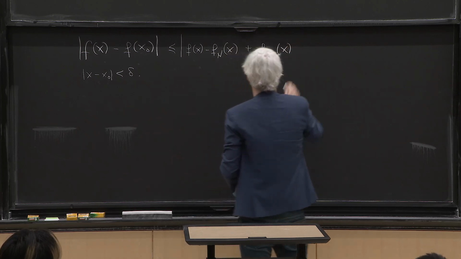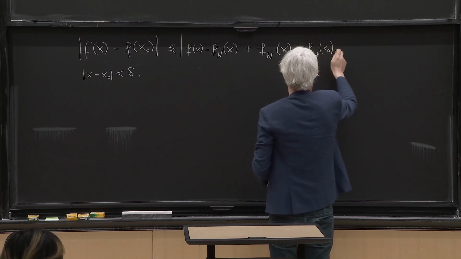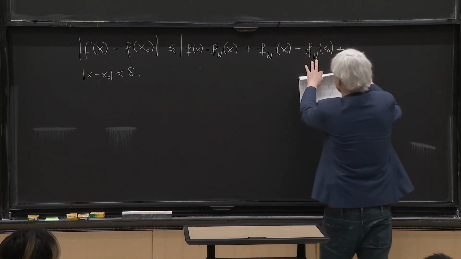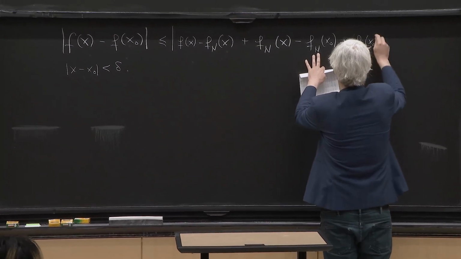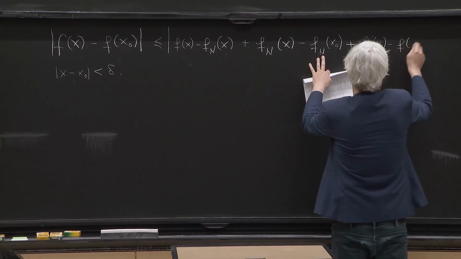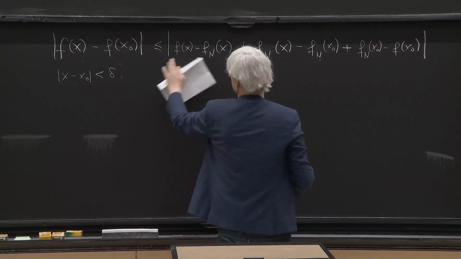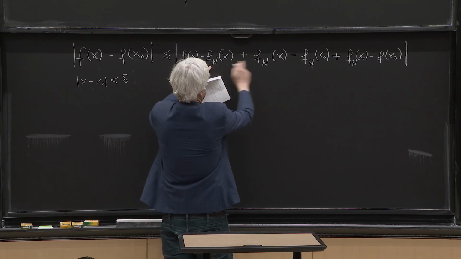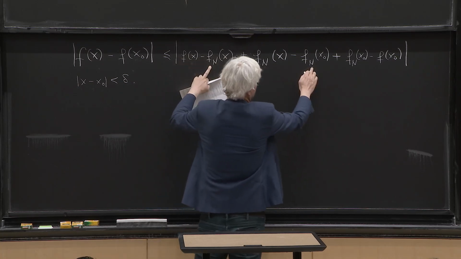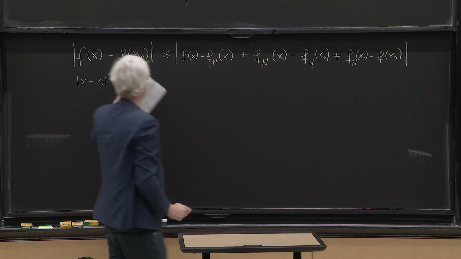So here, minus f_N of x0. And then I'm adding back f_N of x0, and I'm comparing this with f of x0. You see that this is really the same, because I'm subtracting this thing that I didn't have, but I'm adding it back. So I'm just left with those two things.